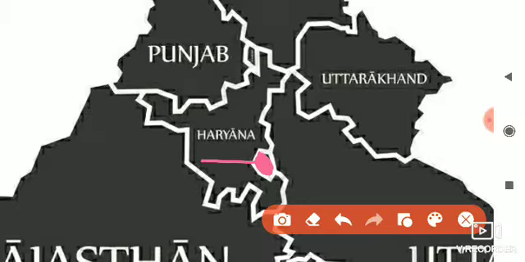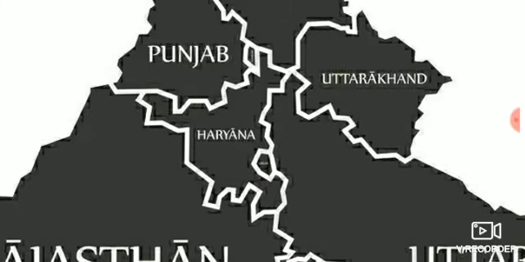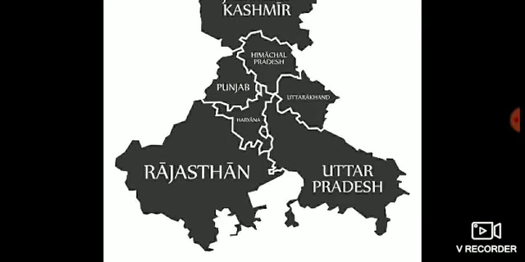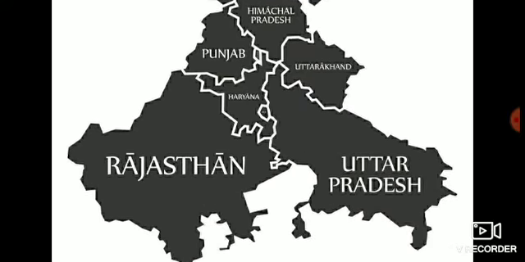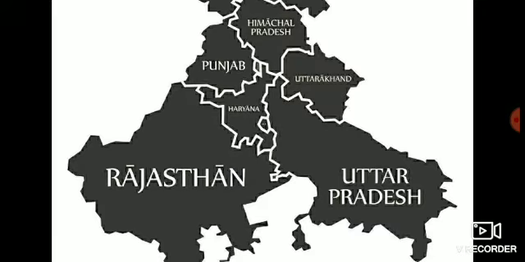This place, it is Delhi, okay? Rajasthan and Uttar Pradesh. These are the northern states of India. So except Jammu Kashmir, we have to mark other states: Himachal Pradesh, Punjab, Haryana, Uttarakhand, Delhi, Rajasthan and Uttar Pradesh. These are the northern states of India.